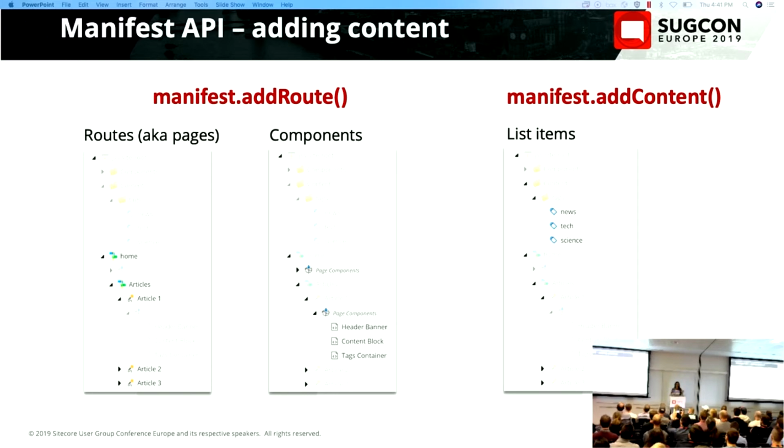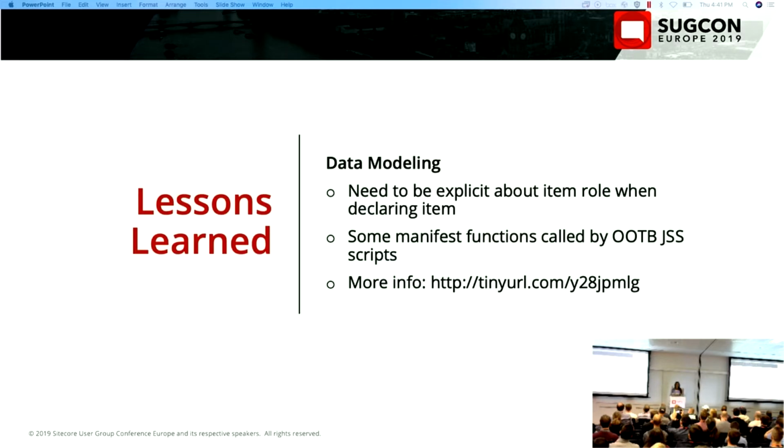That's how I broke up which manifest function would be used. The other thing to note is that not all of those manifest functions will be called by you explicitly. A lot of them are called by the scripts that come with the out-of-the-box app, based on the file conventions you follow with the YAML and JSON files when you're building out your routes.